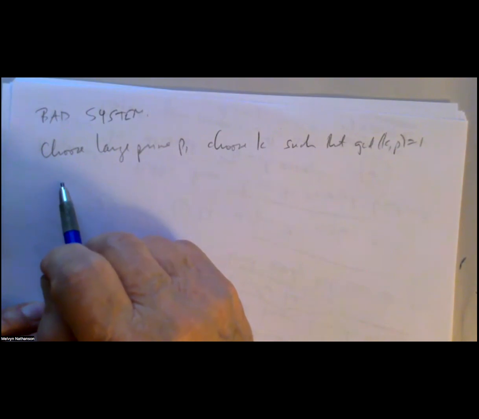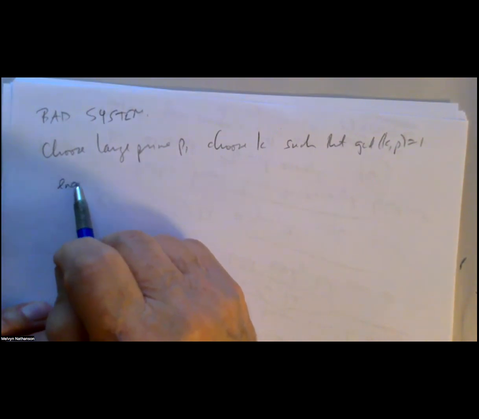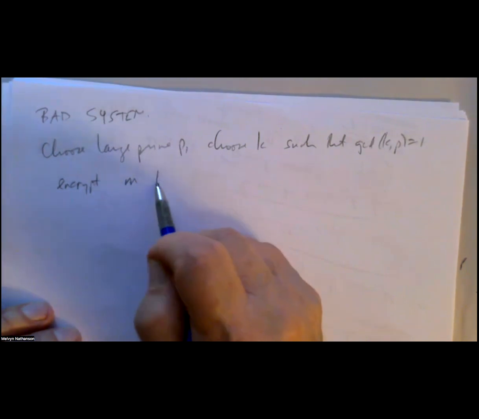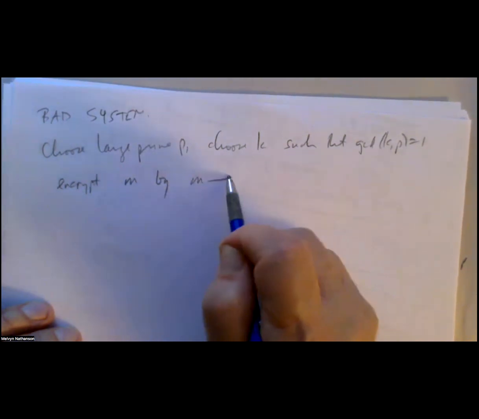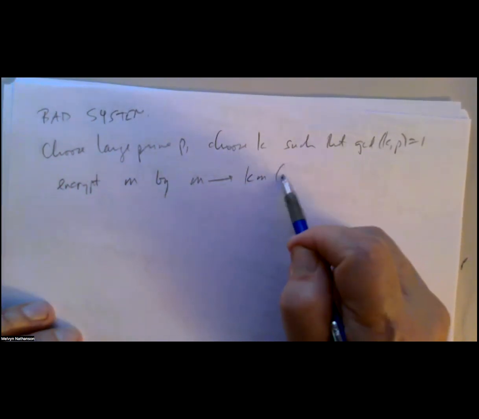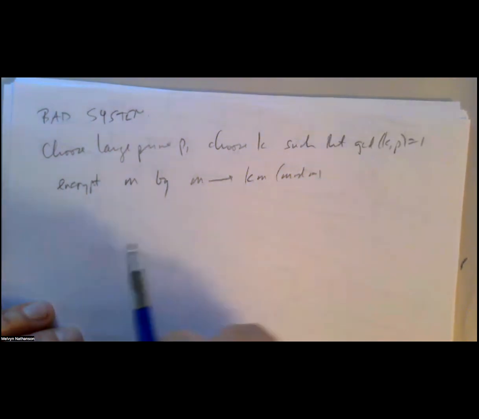Encryption: the message M goes to whatever KM is congruent to, mod P.